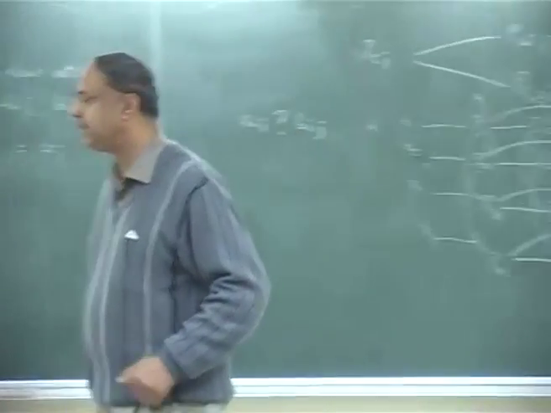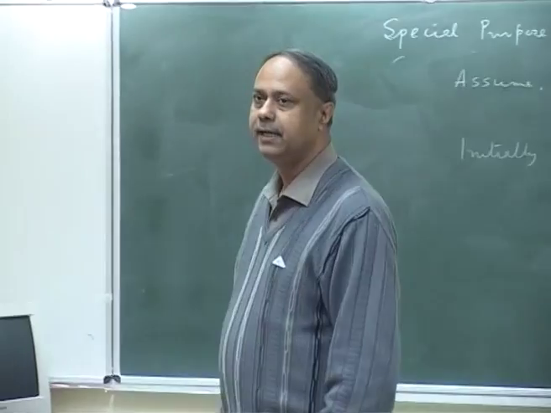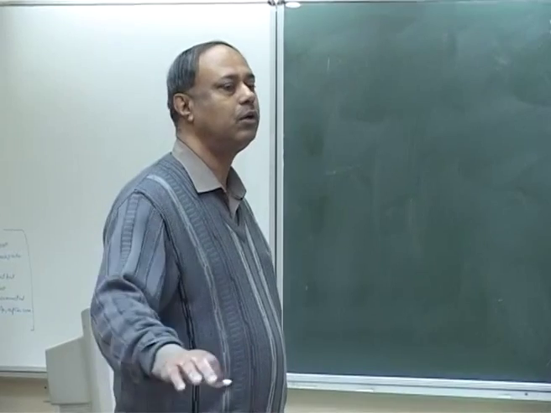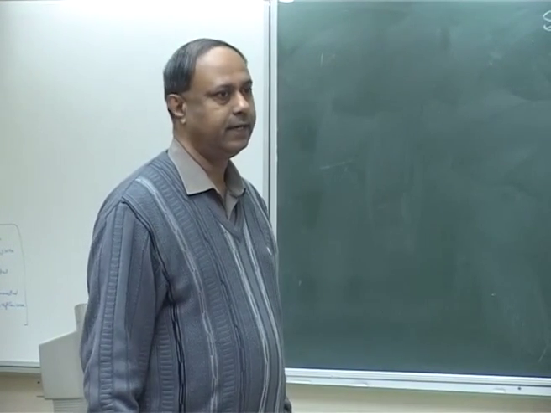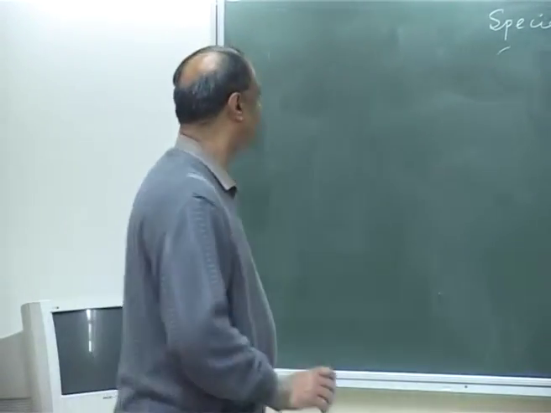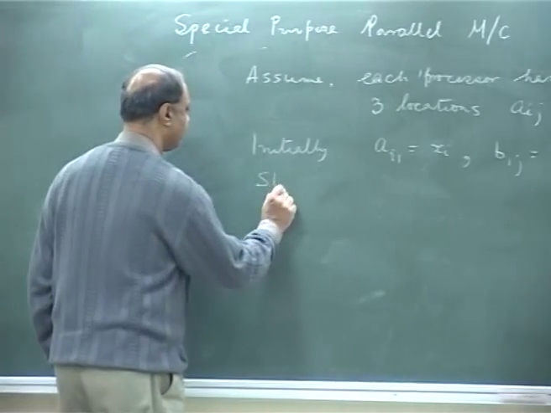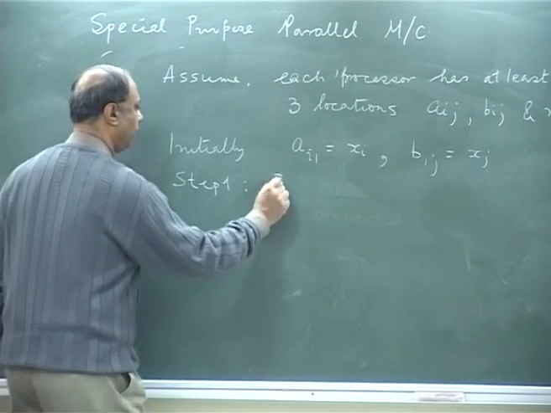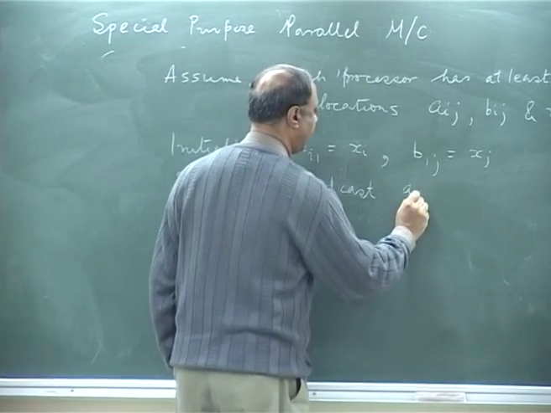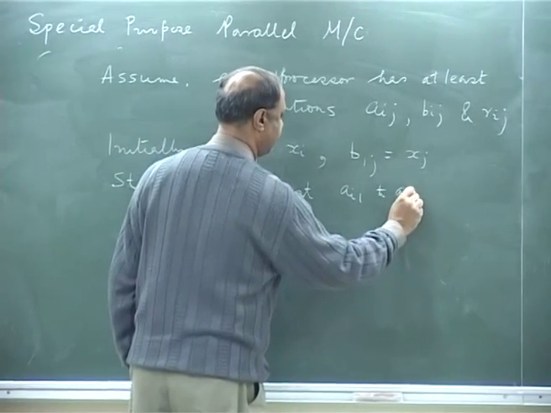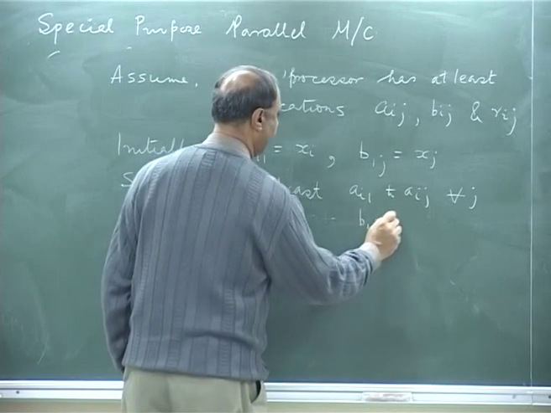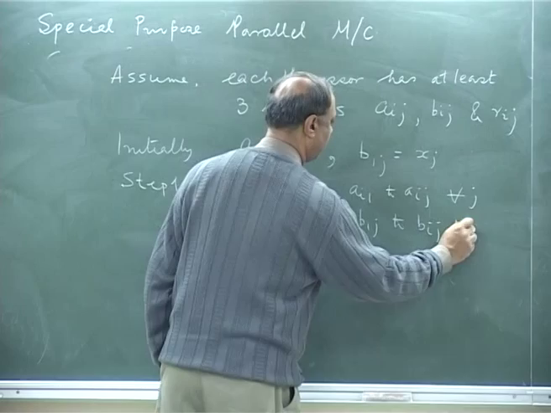That is the idea. So the first part is that you broadcast Ai1 to all Aij, and similarly B1j to all Bij. So step 1 is: broadcast Ai1 to Aij for all j, then broadcast B1j to Bij for all i.